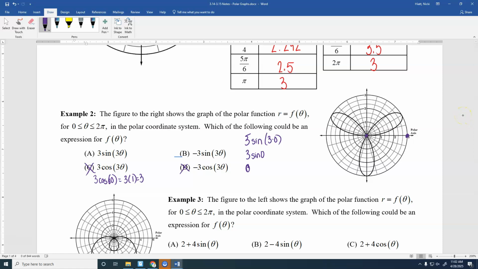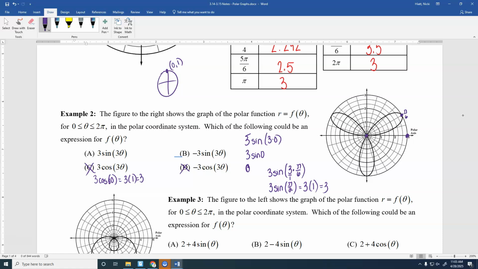If I do 3 sine of 3 times pi over 6, that is going to be 3 sine of pi over 2. I've got to think about my unit circle. Sine of pi over 2 is your y coordinate. What is sine of pi over 2? 1. So I got 3 times 1, which gives me 3. So at pi over 6, it should be out here at 3. That's on this graph, so that looks good.